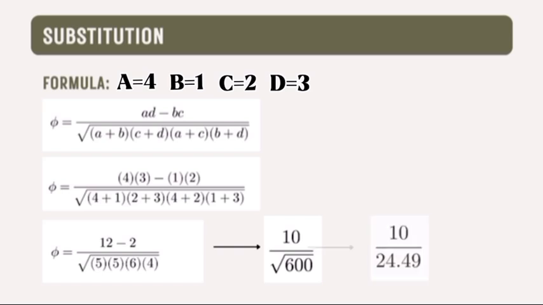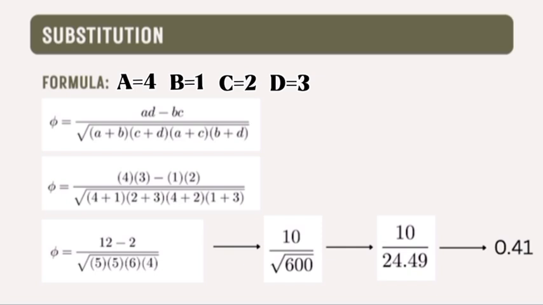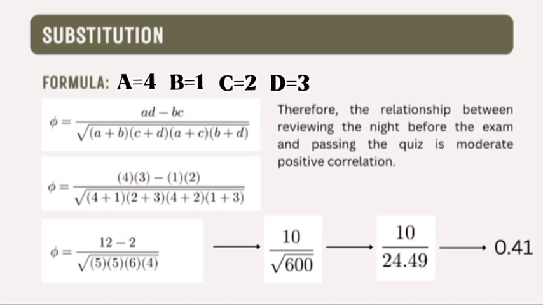The square root of 600 is 24.49. Finally, 10 divided by 24.49 equals 0.41. And for our answer 0.41, based on the correlation table, it is interpreted as moderate positive. Therefore, the relationship between reviewing the night before the exam and passing the quiz is a moderate positive correlation.